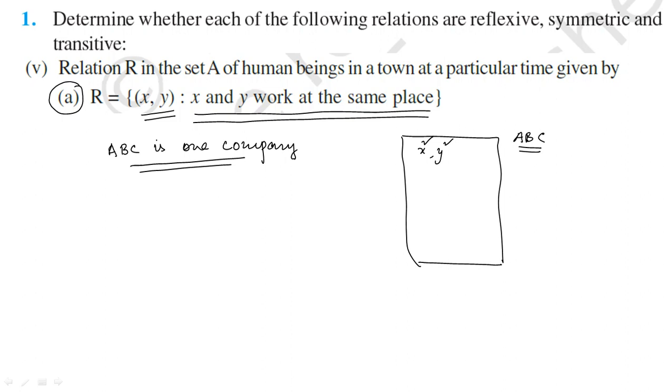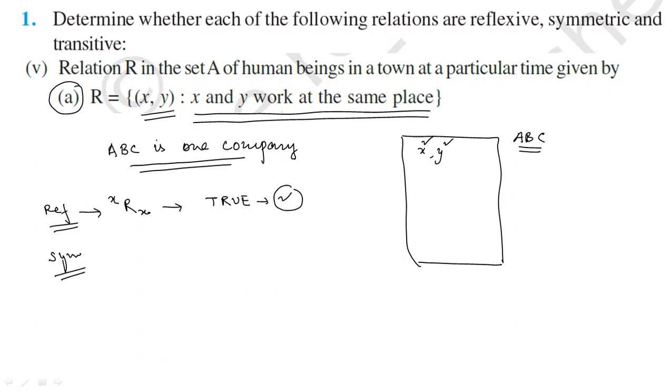Now, if I am writing X is in relation to X, related to reflexive, you can write easily that this answer is true or valid, or reflexive nature is there, because X is in relation to X, because both lie in the same company. What about symmetric nature?